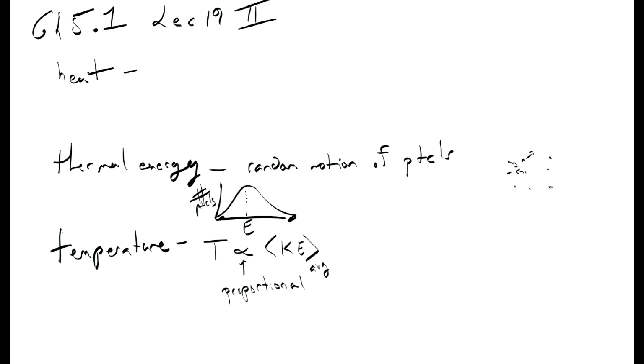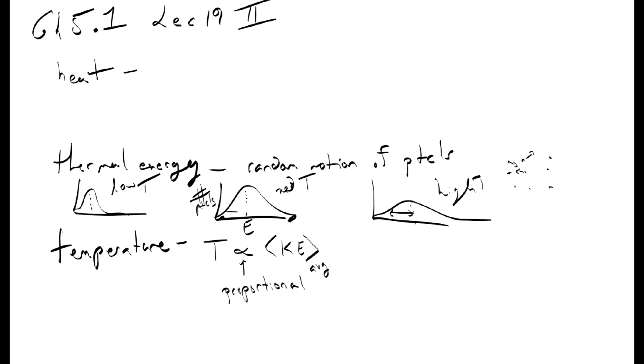That's all. So if this is medium temp, then this would be high temp, where the average is further to the right. And this would be low temp, where the average is further to the left. Okay. So low T and high T.